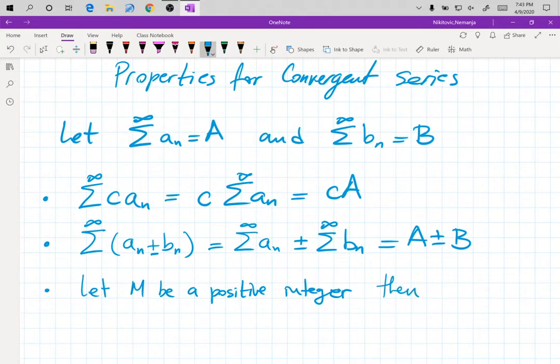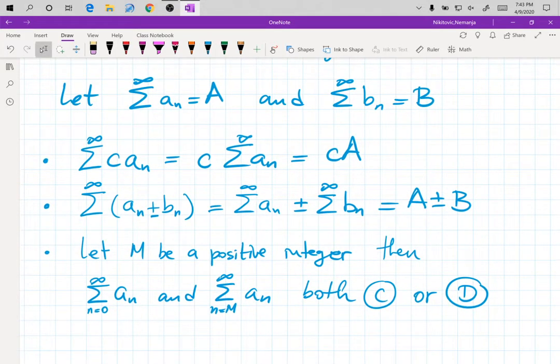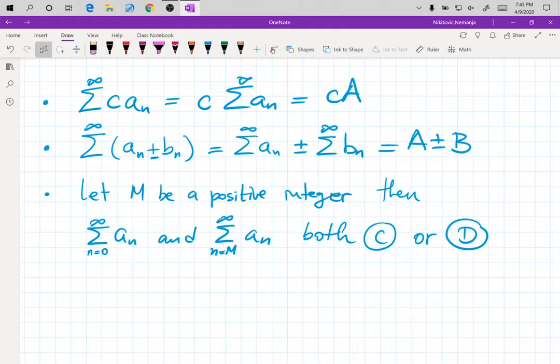Then summation, and we'll start, let's say, n at 0 to infinity for an, and summation n starts at this m to infinity of an, both converge or diverge. Now that one is a little bit tricky to understand, but that's exactly what we did for our telescoping here, because we just defined the tail end. See, when you have, right, if you take, I just need to explain this.